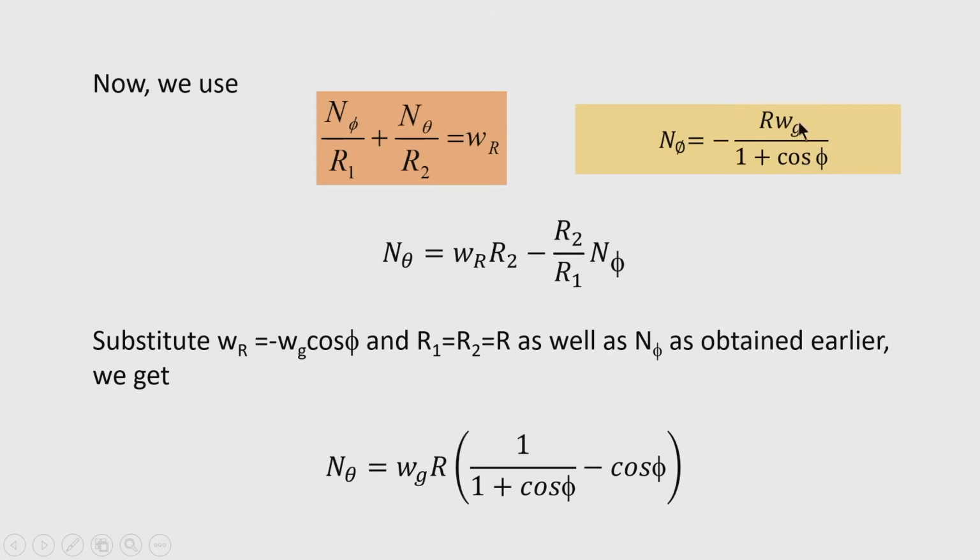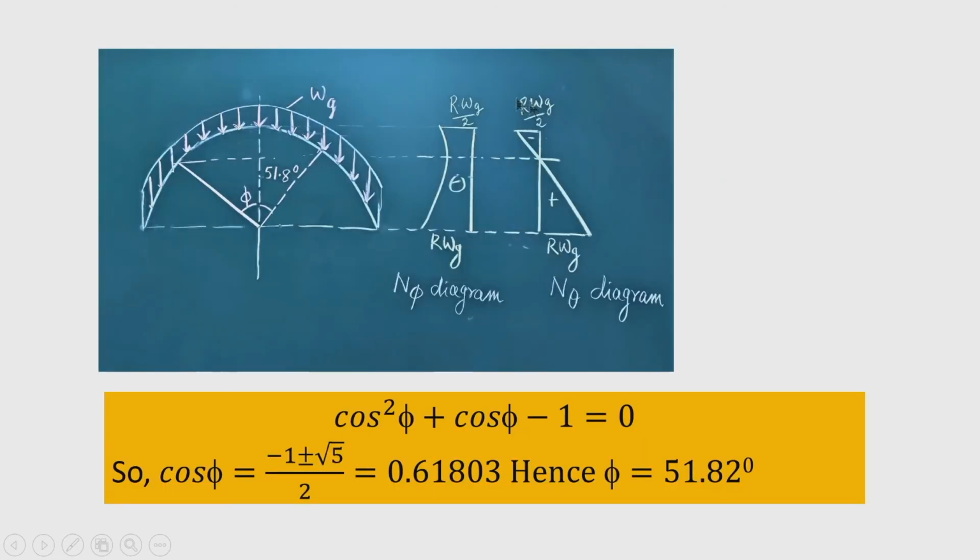And when phi is equal to 90 degree, that is cos phi is 0, then n phi will be minus R W g. In both the cases, n phi is compressive, that is coming with a negative sign. So, variation of n phi is R W g by 2 to R W g.